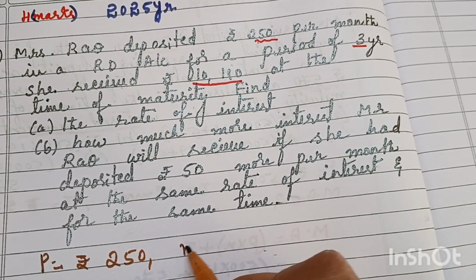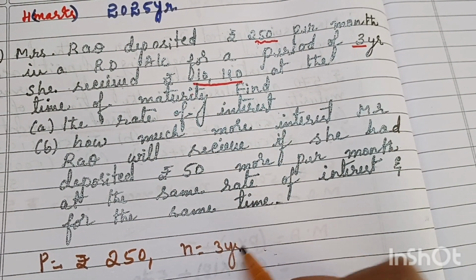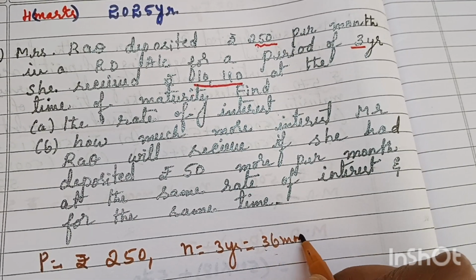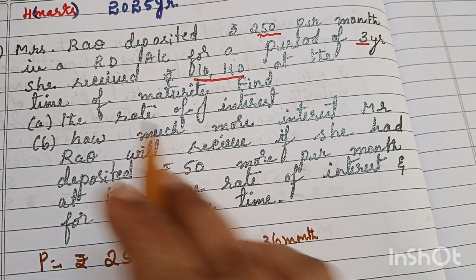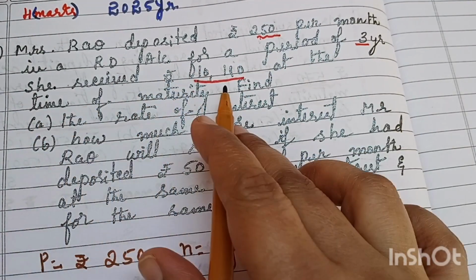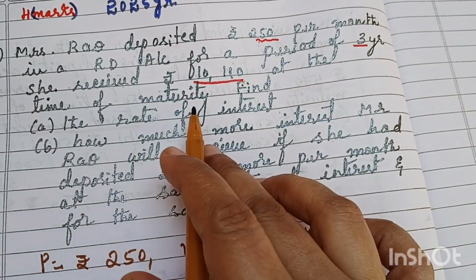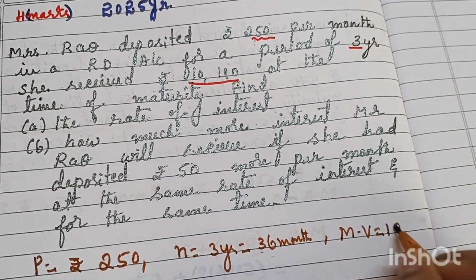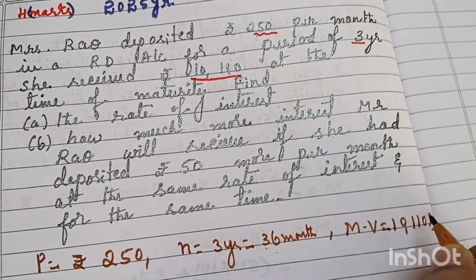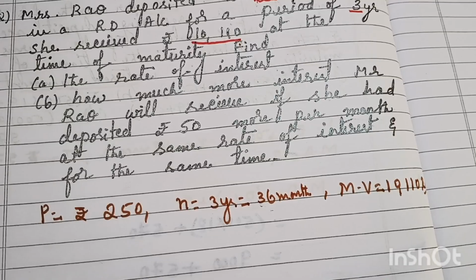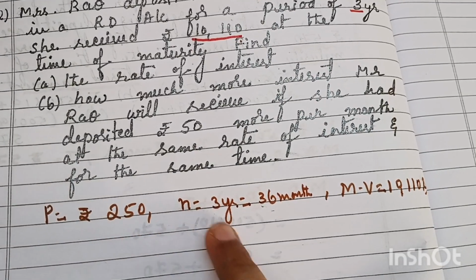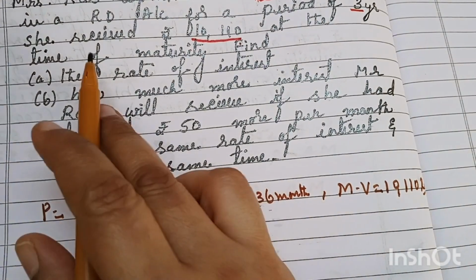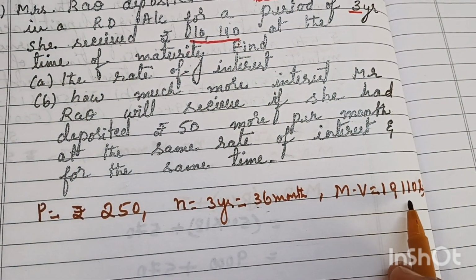The period is 3 years, so n is 3 into 12, which is 36 months. We have to convert to months. Then in 3 years she received 10,110 at the time of maturity, so maturity value is 10,110 rupees. Principal is 250, 36 months, maturity value is 10,110 rupees.